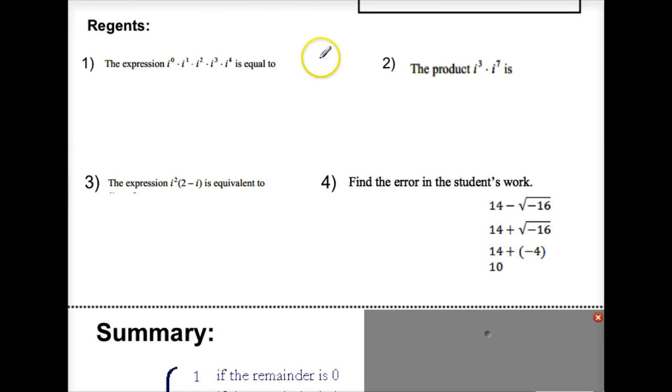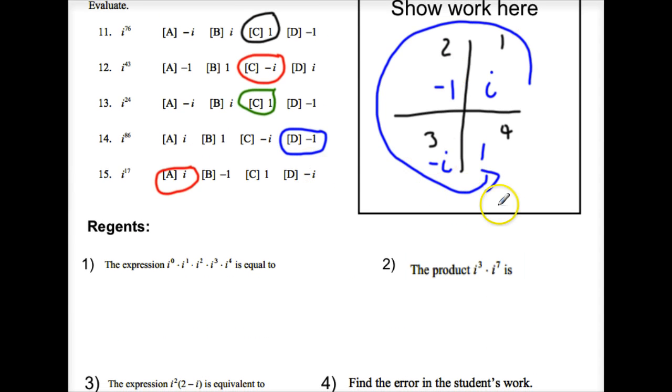The expression I to the 0 times that is equal to what? So again, I'm just going to come back to my little graph here. Anything to the 0 power is 1, times I to the first power is I, times I to the second power is negative 1, times I to the third power is negative I, times I to the fourth power is 1.